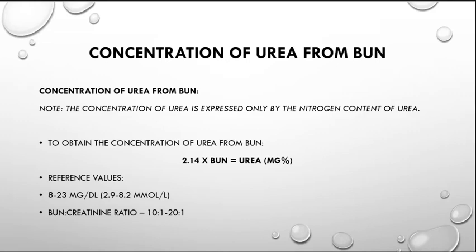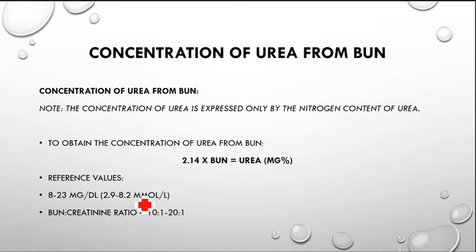Next, the concentration of urea from BUN. The concentration is expressed only by the nitrogen content of urea. As you can see in the reference value, we have milligrams per deciliter, and we also have millimole per liter.